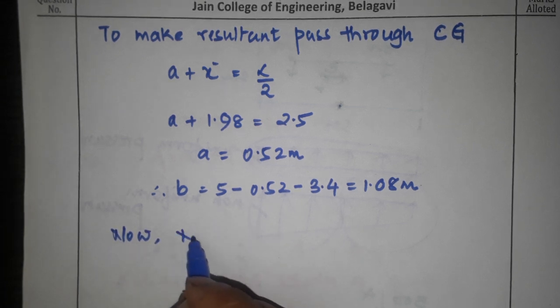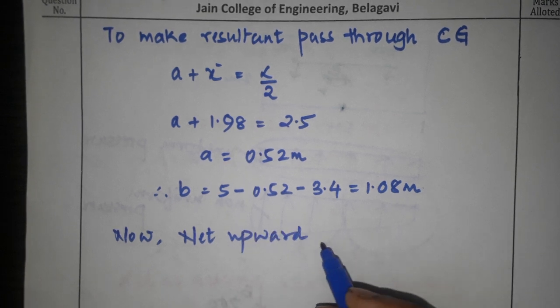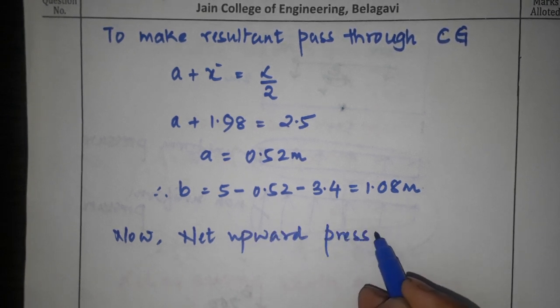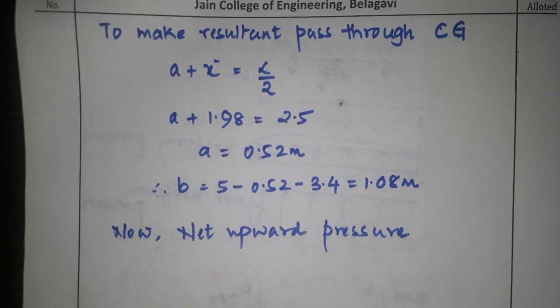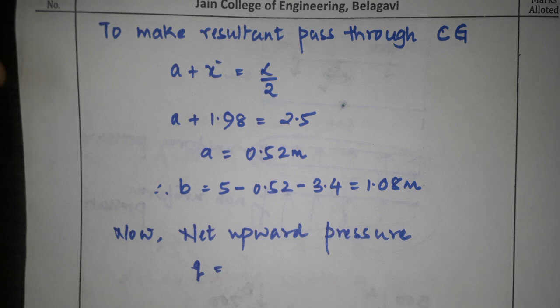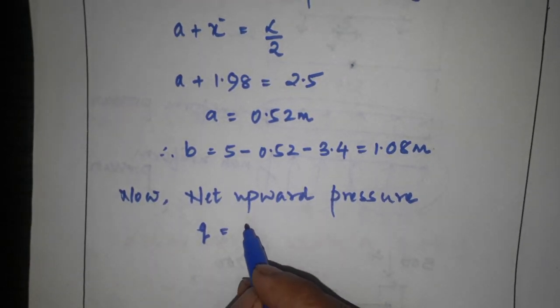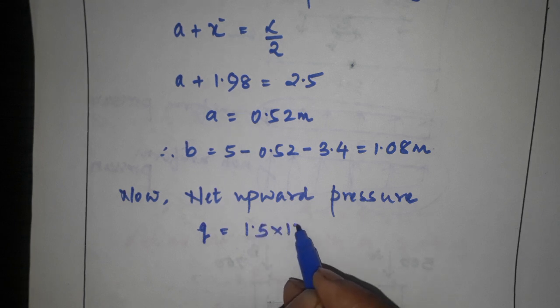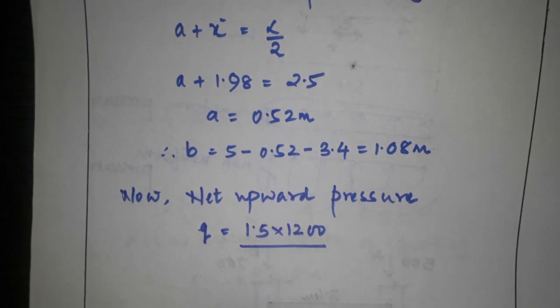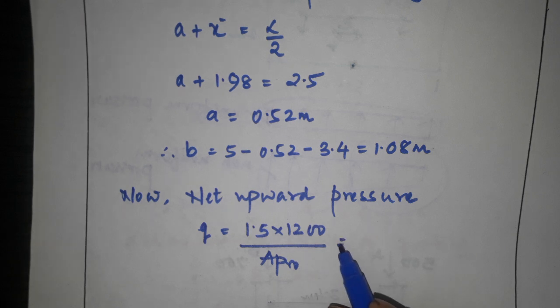Now the net upward pressure. I can call it Q. Q is equal to the net upward pressure, that is the factored load, 1.5 into 1200, divided by the area provided.